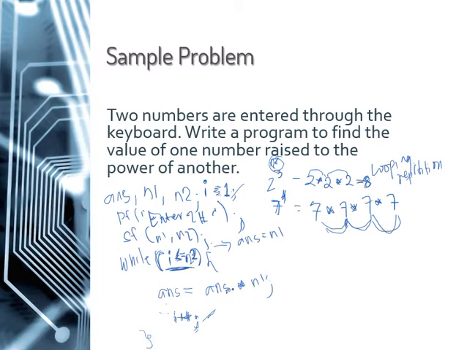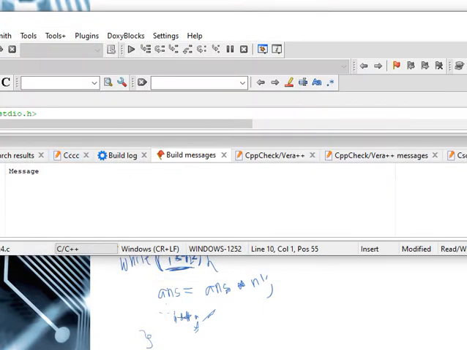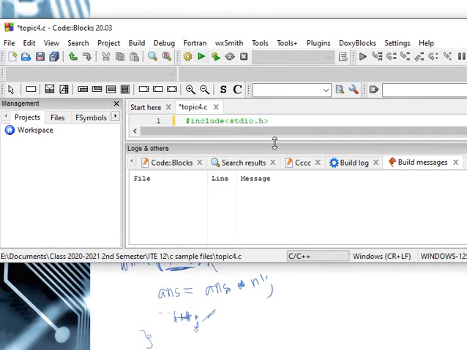In the first iteration, ang atong n1 is still mo'y value ni at nasa ato ang ans na variable. Okay, try na nato ni siya code sa atong code blocks. Tapos, try na to, mudagan ba siya or dili. Tapos, dito na din ta sa debugging nga phase. I-check o unsay sayop atong program.